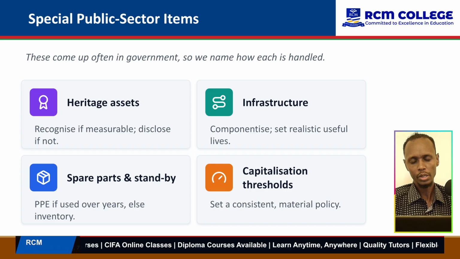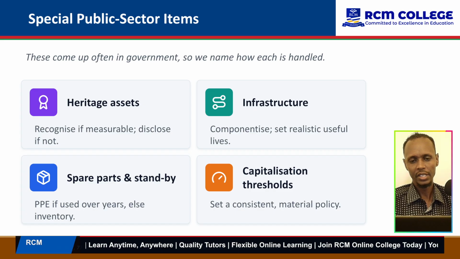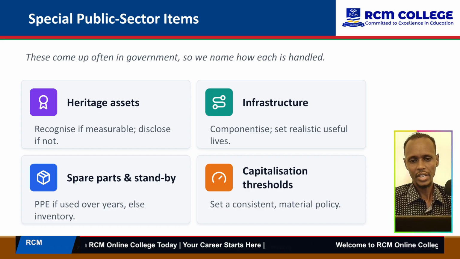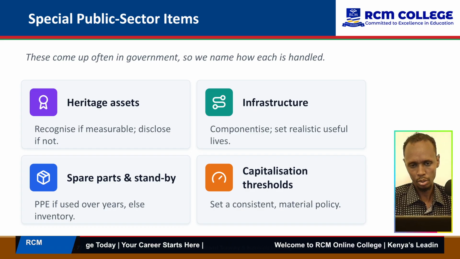The National Cereals and Produce Board, for example, has national reserves. Or KPLC, or Kenya Pipeline, they keep reserves. Those reserves are inventory in our books.